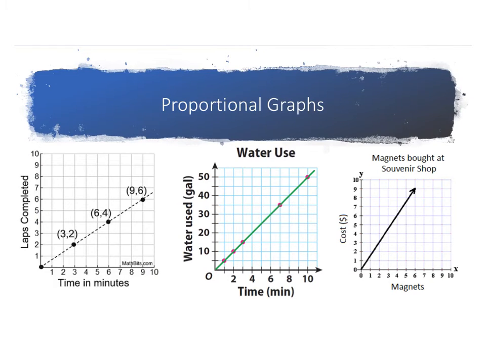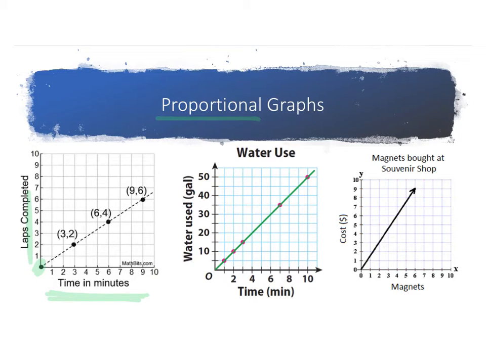So here are some examples of proportional graphs. These are all proportional. Going back to our rules of what makes it proportional, do they run through the origin? And this first one over here on our left, yep, it runs through 0, 0. So this graph right here is talking about the time in minutes and how long it takes you to complete the laps. So our laps are over here.